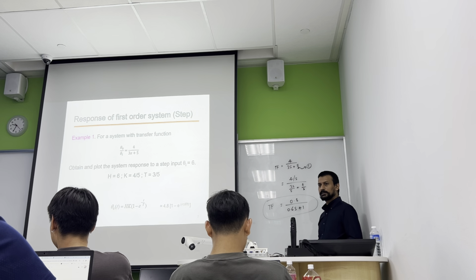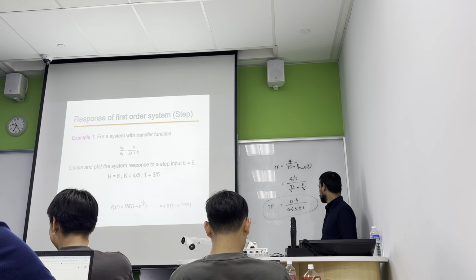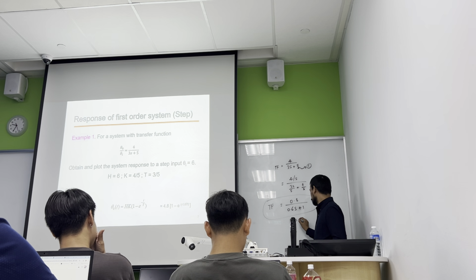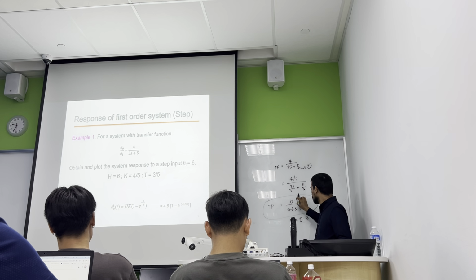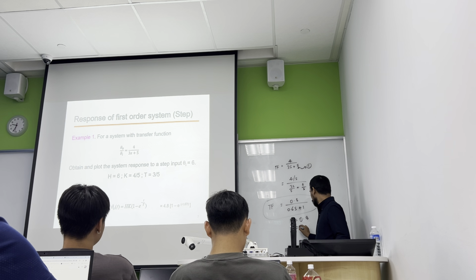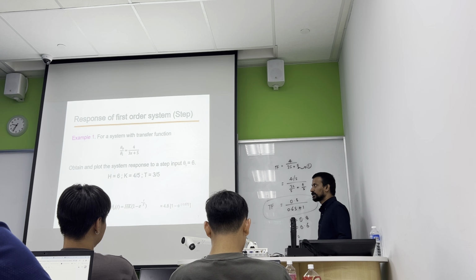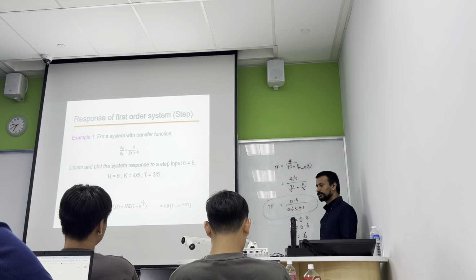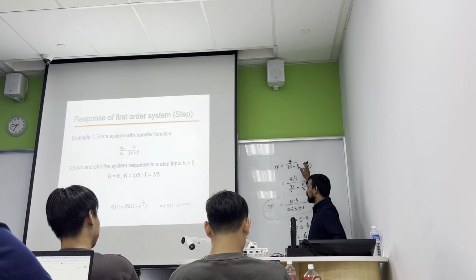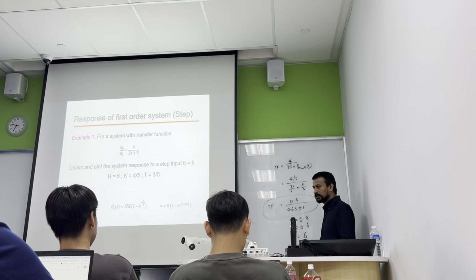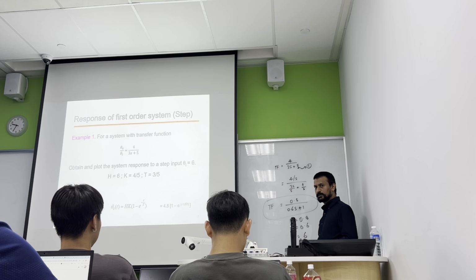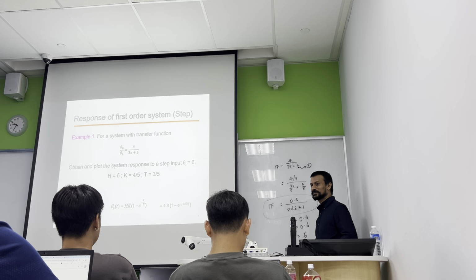Okay, good. So once you get it, what is your k? Which is on the numerator. And T is 0.6. And the h is from the question, 6. So from the transfer function, we know what is your k, T, and h. Use the formula to substitute all the values. That's all, finish.